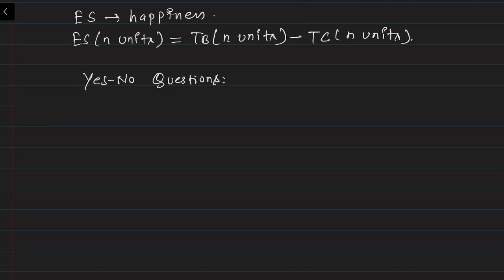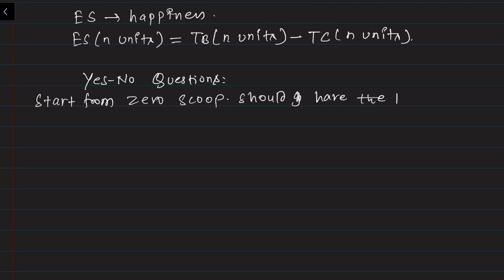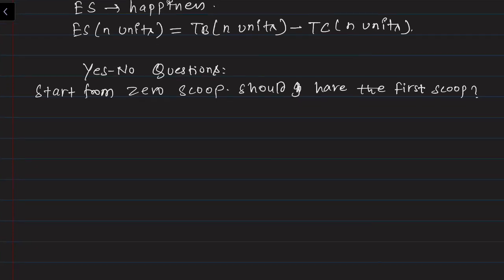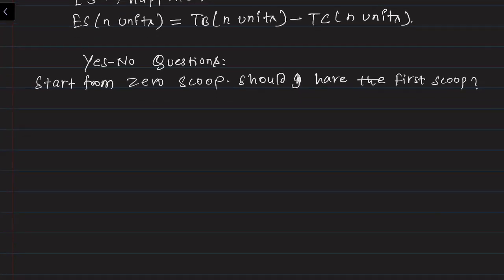For example, we can start from 0 scoops of ice cream and we can ask the question, should I have the first scoop of ice cream? And if the additional benefit is larger than the additional cost, then I should consume the first scoop.